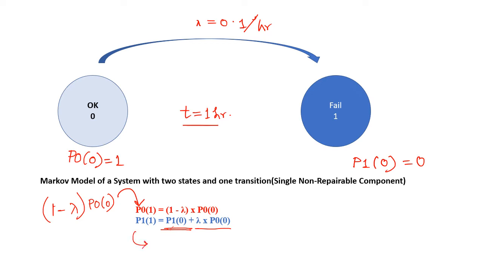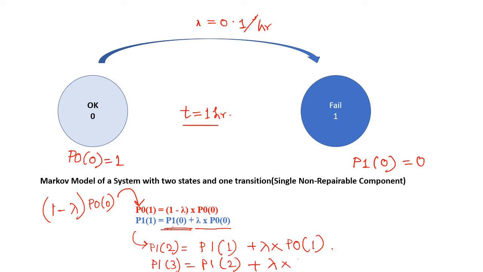Similarly, if we take p1 at time 2, it will be p1 at time 1 plus lambda into p0 at time 1. Similarly, p1 at 3 is p1 at 2 plus lambda into p0 at 2, and so on. So I have used this formula and done 10 iterations, right?